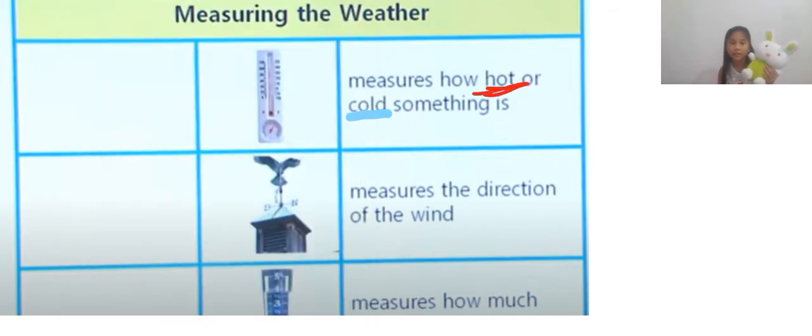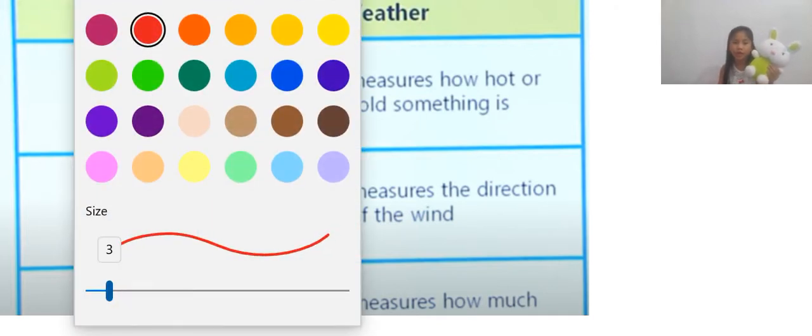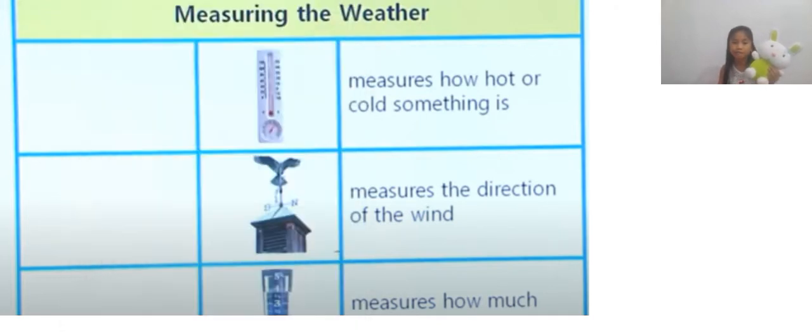So that means you can know what can measure the temperature. Of course, the thermometer. So remember that word, thermometer. You would write the word thermometer in our chart.